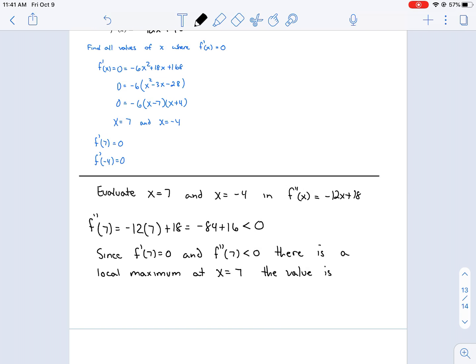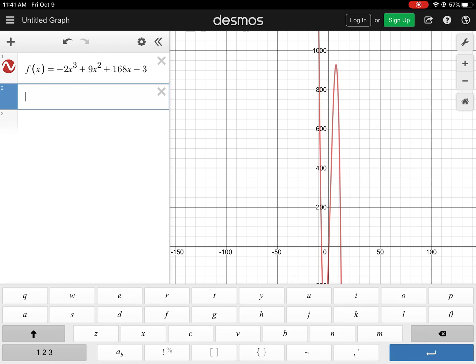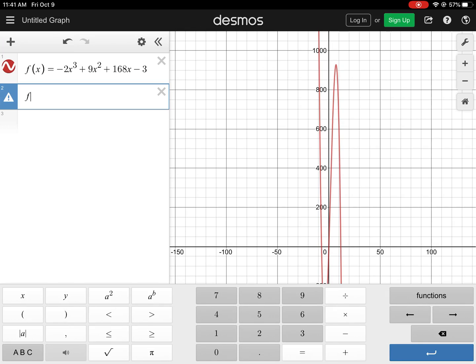The value is, and I'm going to get that value on Desmos. So I already have the function in Desmos, and I'm going to evaluate f of 7.